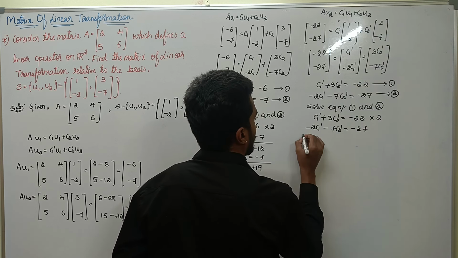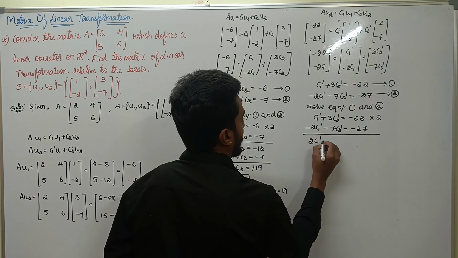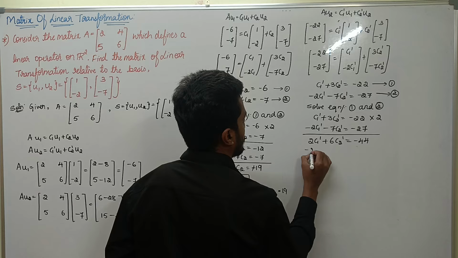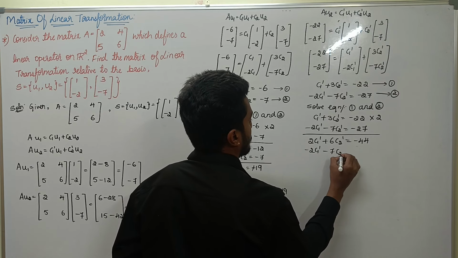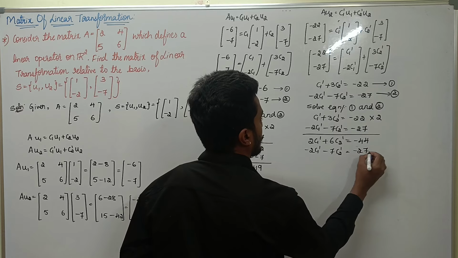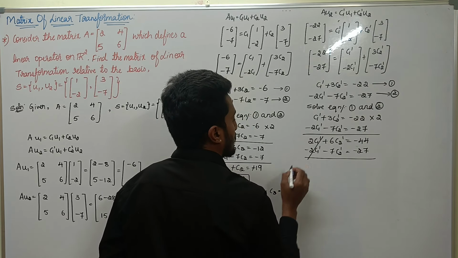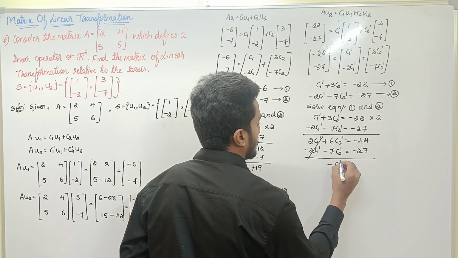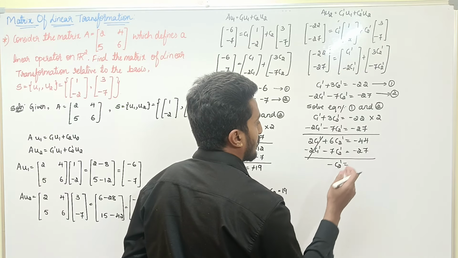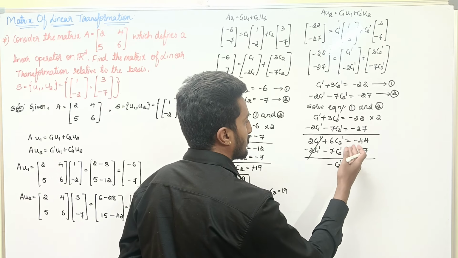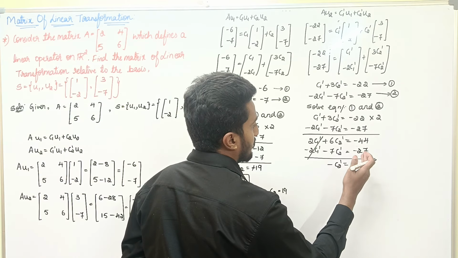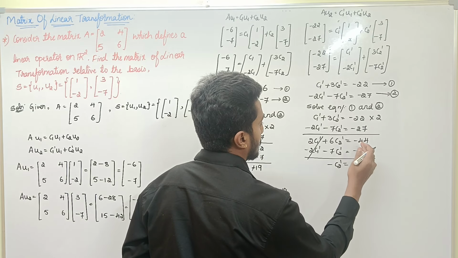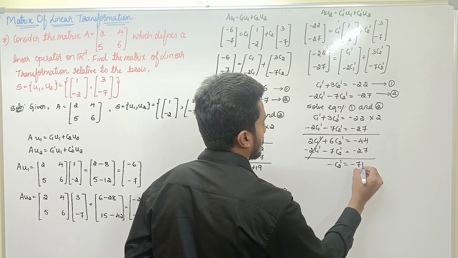Multiply 2 for the equation 1, you get 2 C1 dash plus 6 C2 dash, which is equal to minus 44, and minus 2 C1 dash minus 7 C2 dash, which is equal to minus 27. 2 C1 dash and minus 2 C1 dash get cancelled, you get minus C2 dash, which is equal to 44 plus 27, that is minus 71.